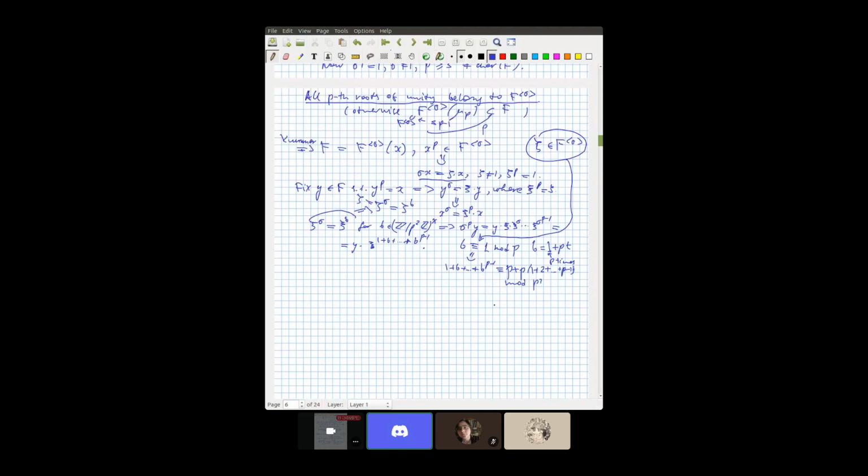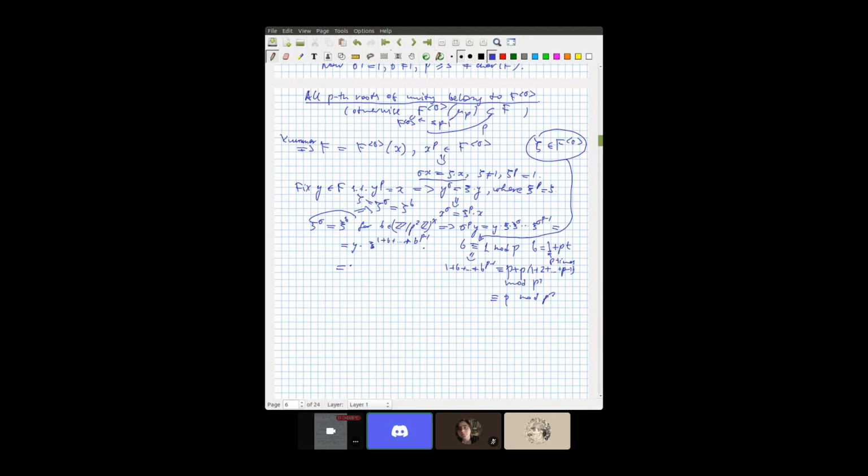And you see that this sum is divisible by p, so this is equal to p modulo p square.